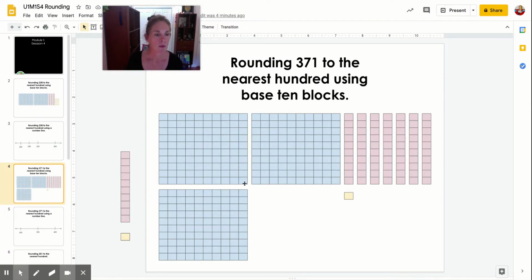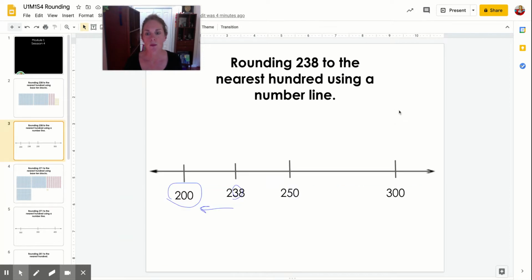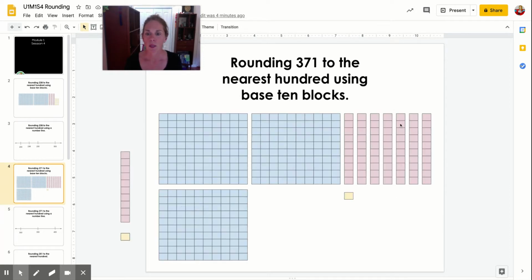The next number that we're thinking about is 371. Well, we have 100, 200, 300, 310, 320, 330, 340, 350, 60, and 70, and 1 more. So 371 here.